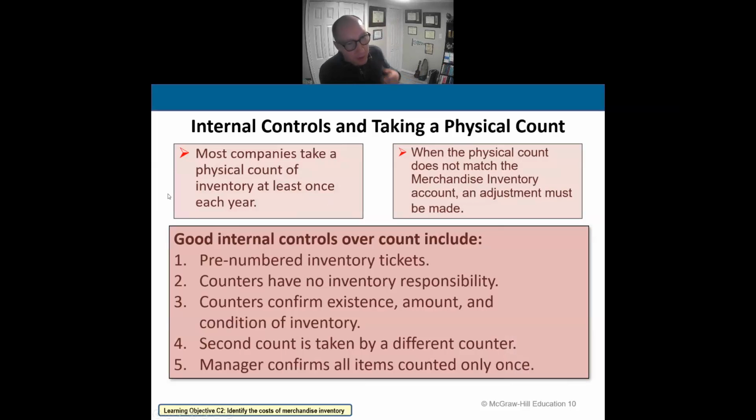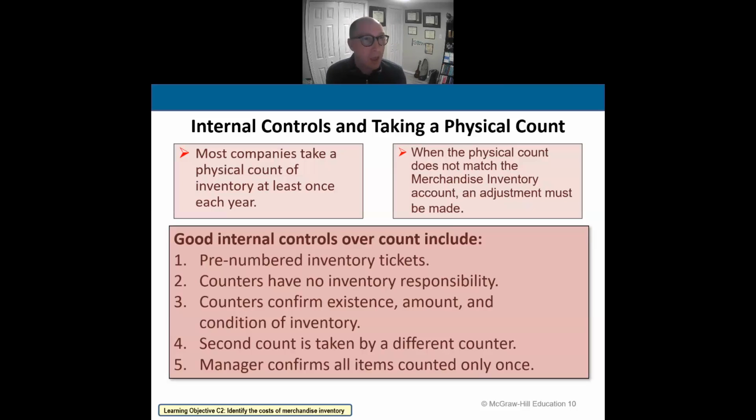In business, anytime you're selling something, we need to keep track of what we're selling. And this goes back to what we were talking about in the last chapter, the perpetual inventory system. In an offline discussion, we talked about the need to audit to make sure it's correct.